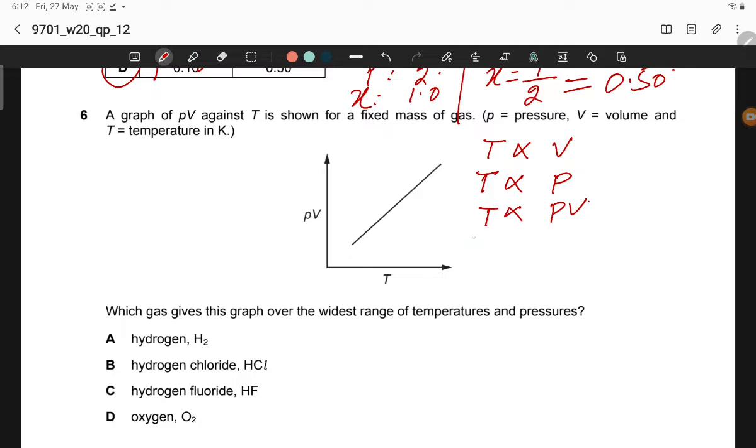So at higher temperature, PV is directly proportional to T. By increasing temperature, PV is also increased.